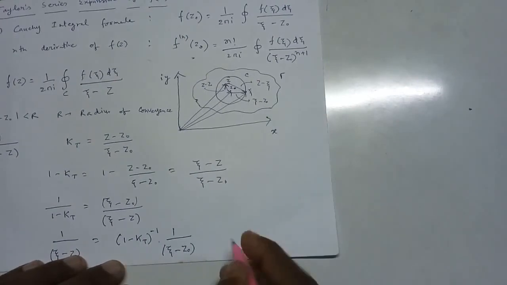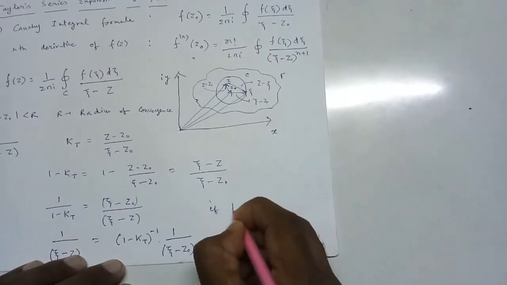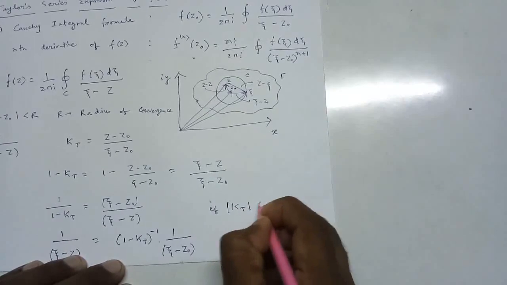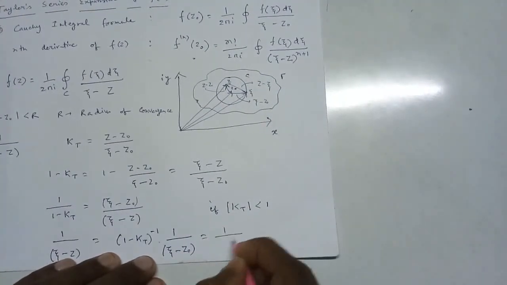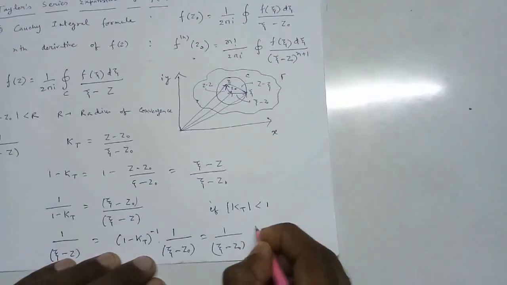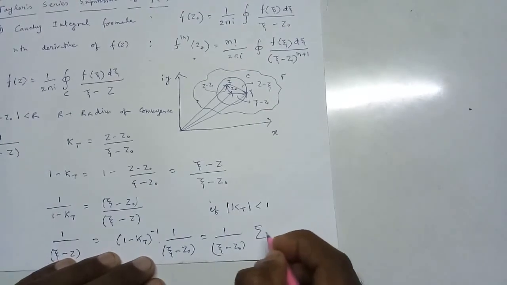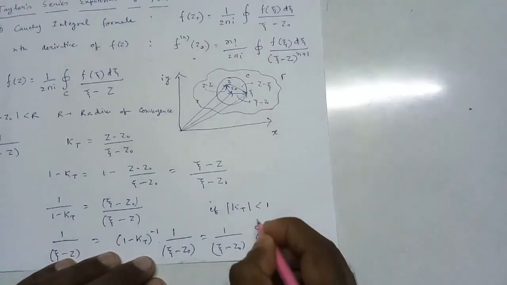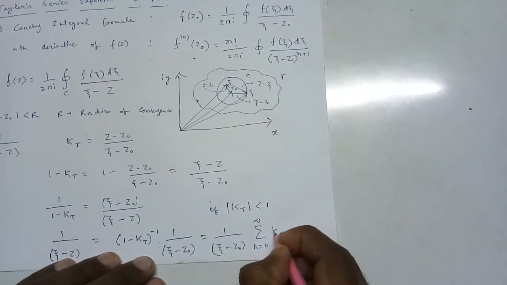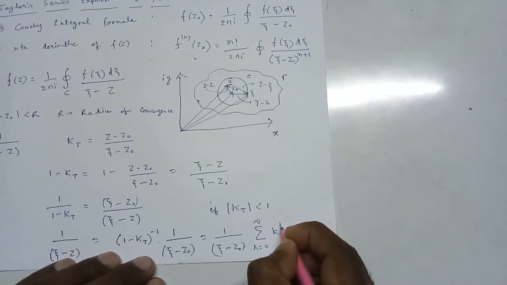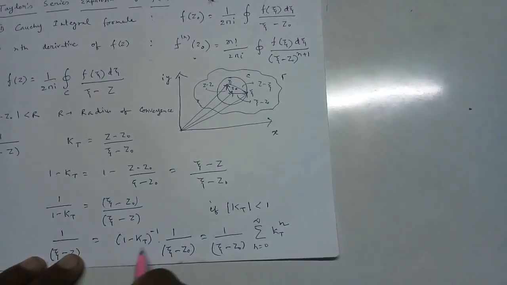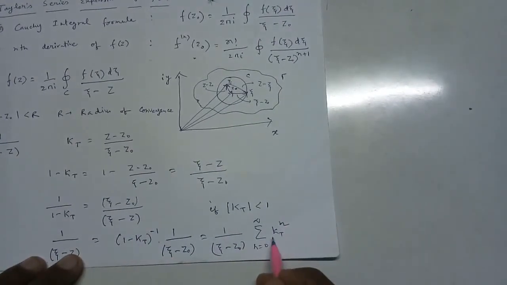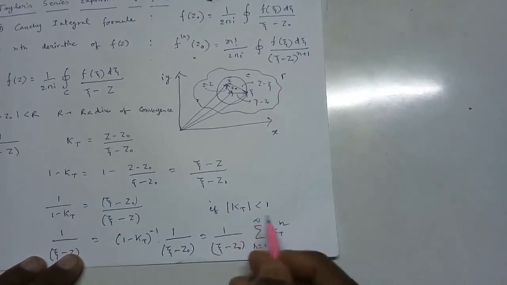Now if the modulus of kt is less than 1, we can write 1 by xi minus z0 times summation n equal to 0 to infinity kt to the power n. This can be expanded by this series if we consider this condition.